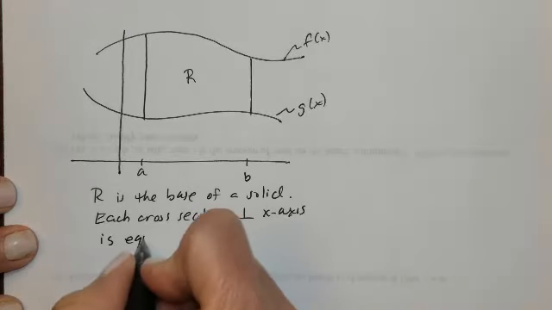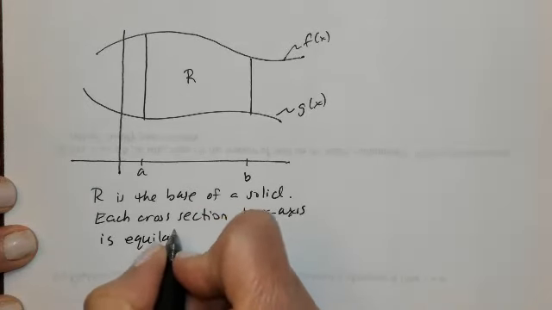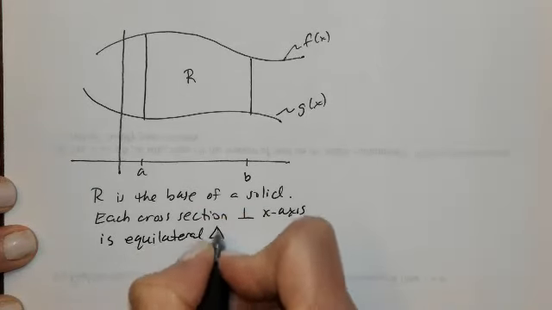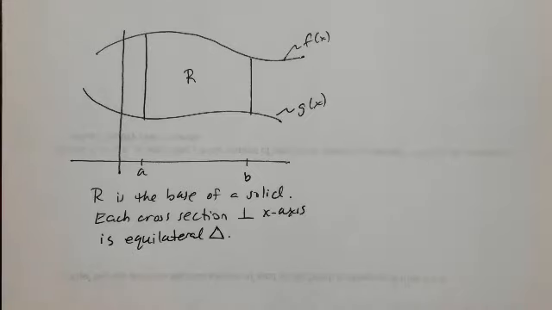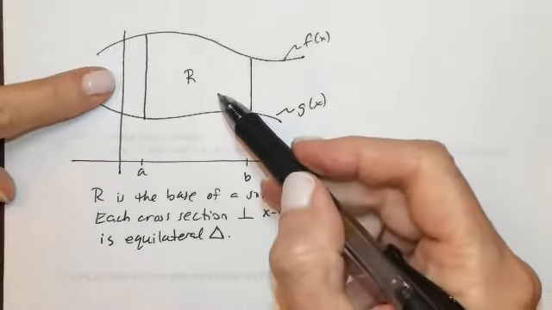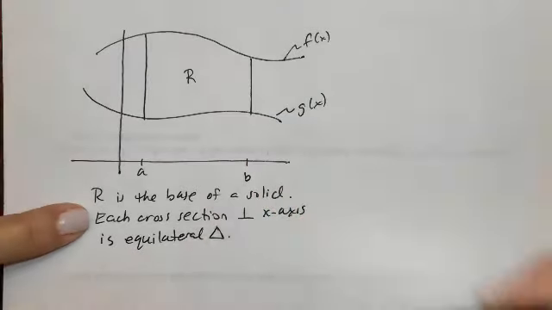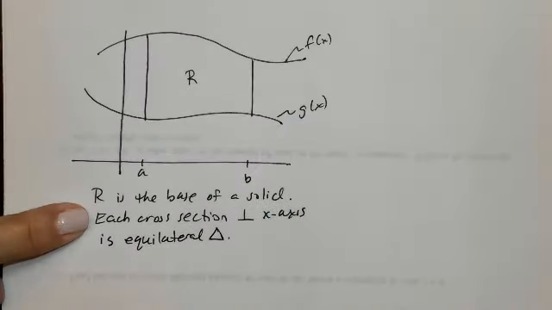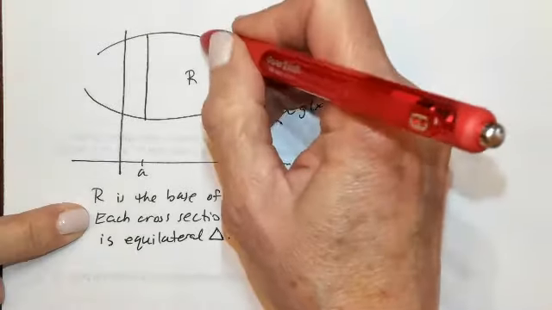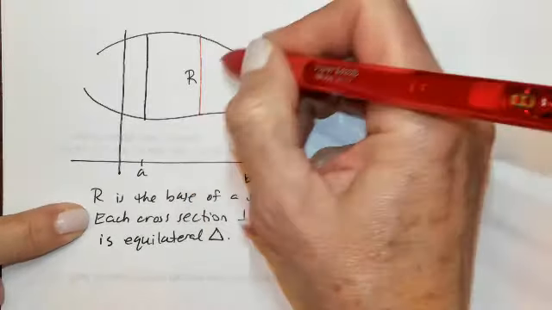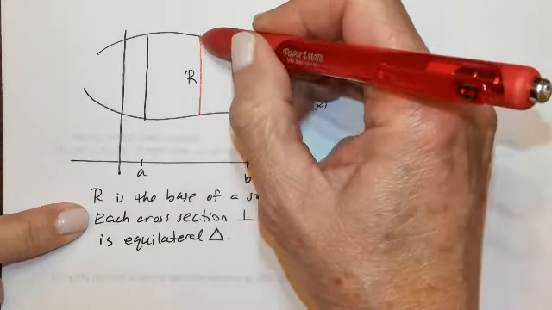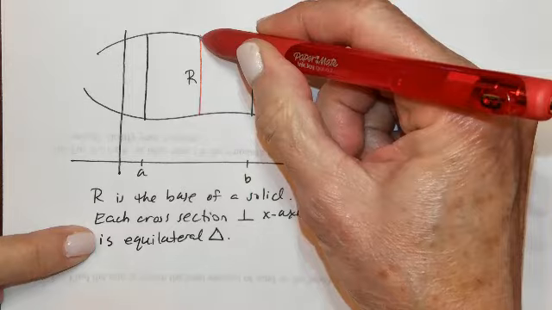Let's just do an equilateral triangle. Okay, so we have this base, each cross-section perpendicular to the x-axis. So for instance, here is one cross-section perpendicular to the x-axis. Each cross-section perpendicular to the x-axis is an equilateral triangle.